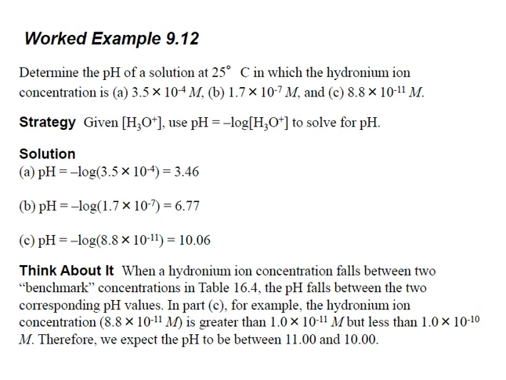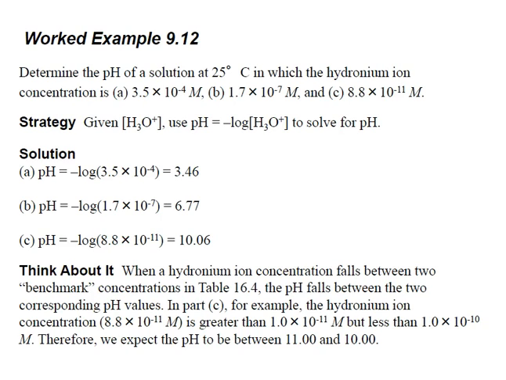Continuing on to example 9.12, determine the pH of a solution at 25 degrees Celsius in which the hydronium ion concentration is A, 3.5 times 10 to the negative 4 molar, B, 1.7 times 10 to the negative 7 molar, and C, 8.8 times 10 to the negative 11 molar.